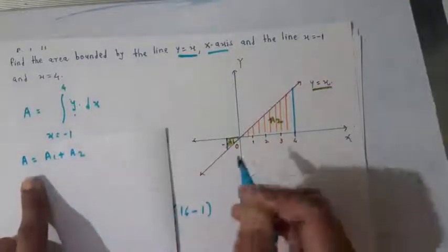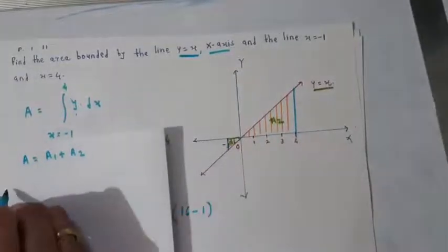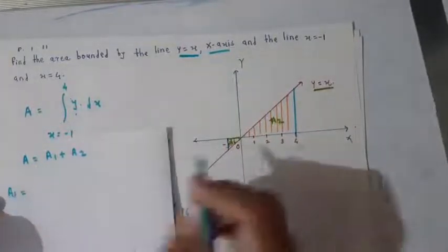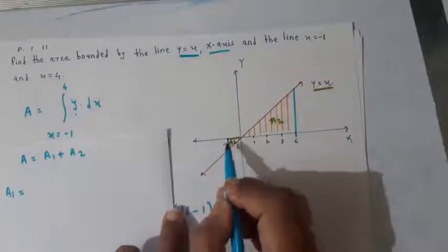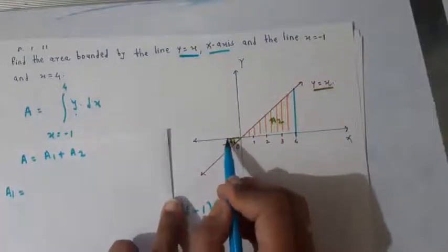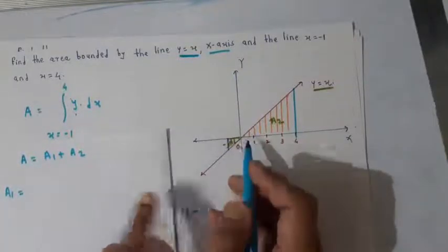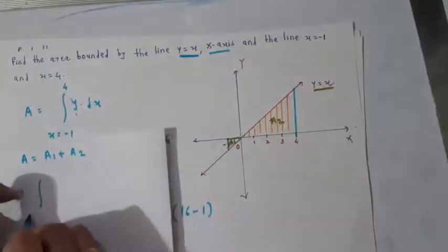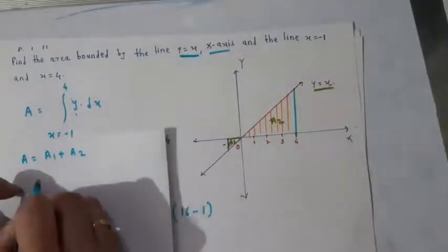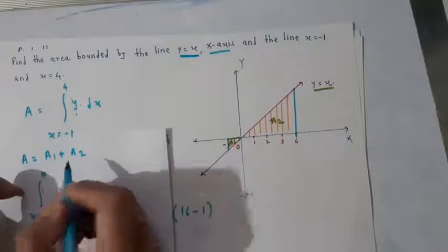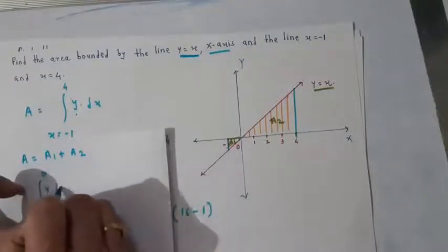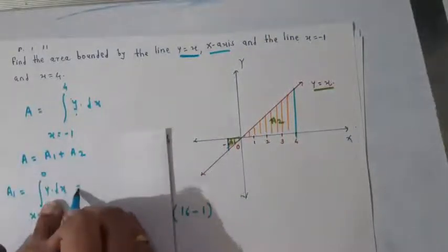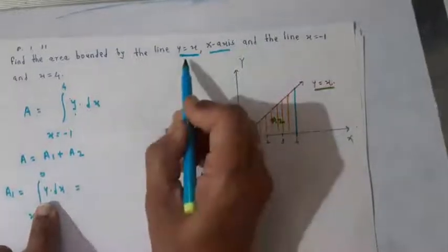In the first area, that is area A1, the limits of integration are x equal to minus 1 to x equal to 0, and y with respect to x. What is y? y equal to x.